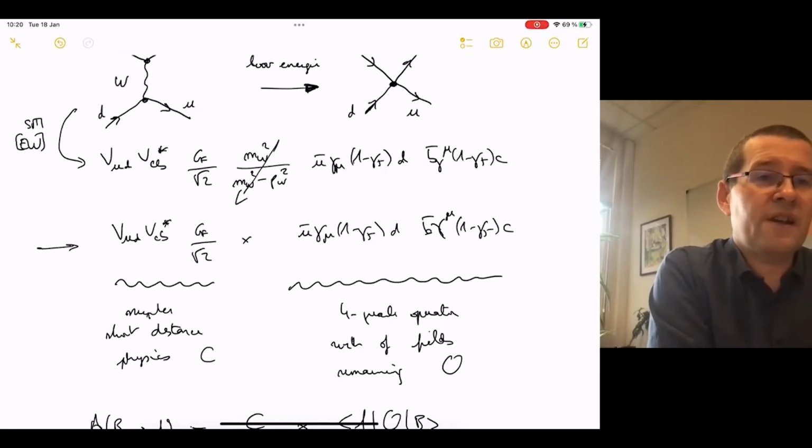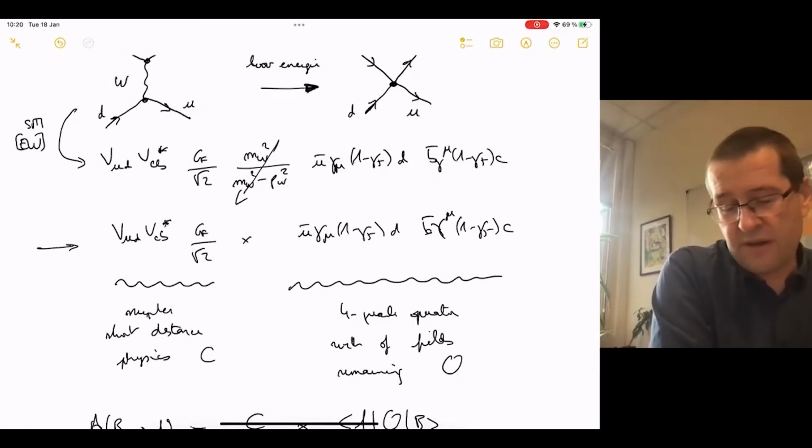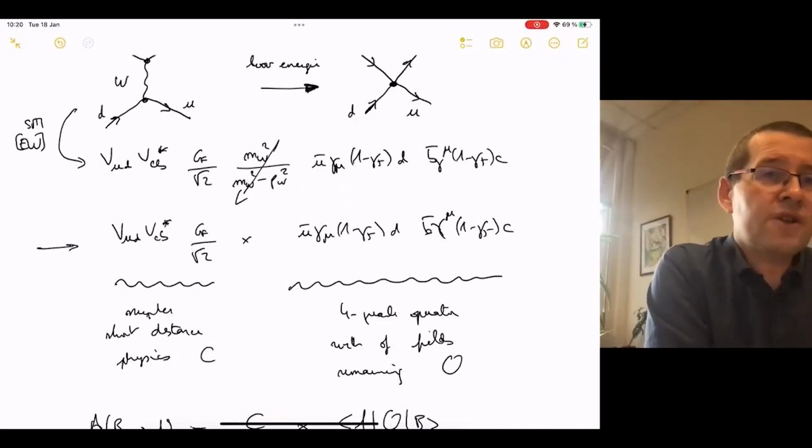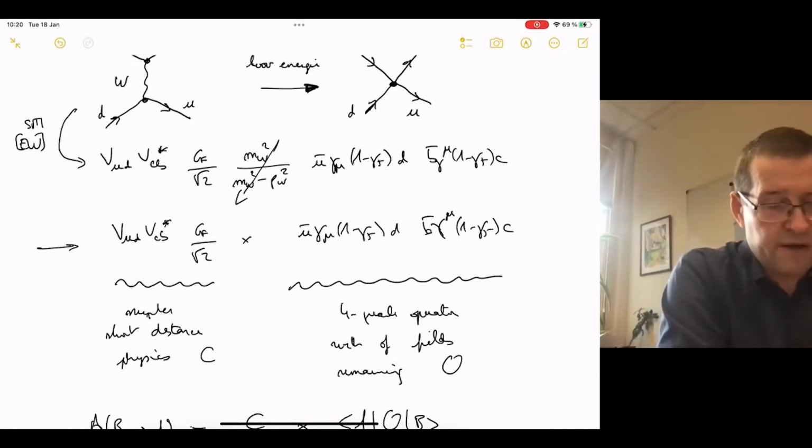You can see it as just this effective Hamiltonian aspect, a convenient tool to organize the discussion of the computation within the standard model, and I'm going to go there.